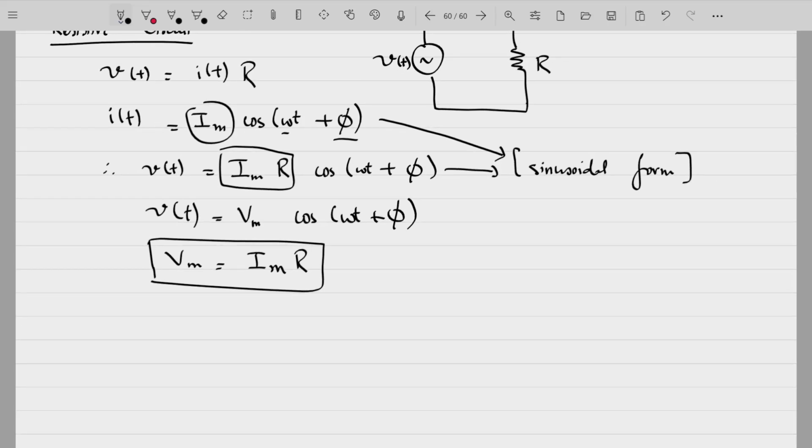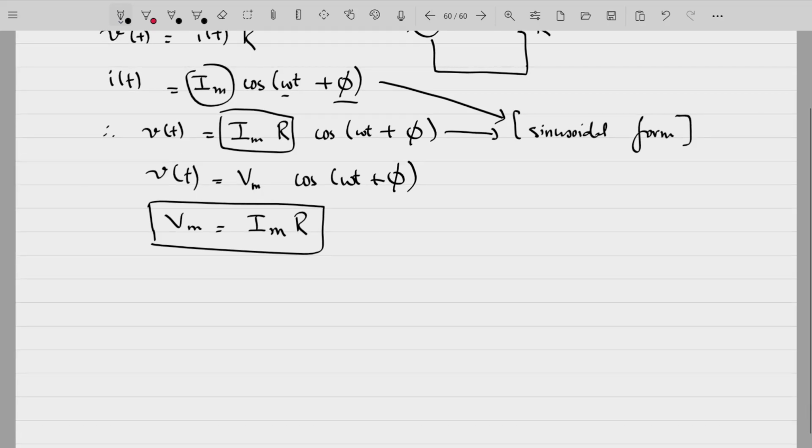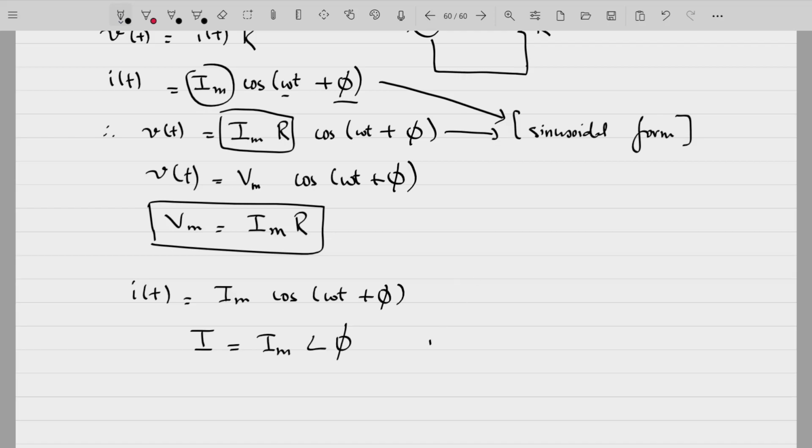Now let's also find out the phasor form of this voltage and current. i(t) is equal to Im cos of omega t plus phi. We know that in phasor form it is written as I equal to Im angle phi. This is the phasor form of this current.